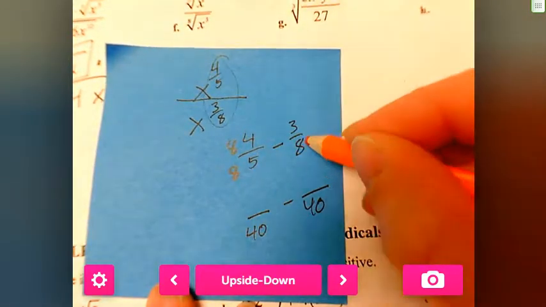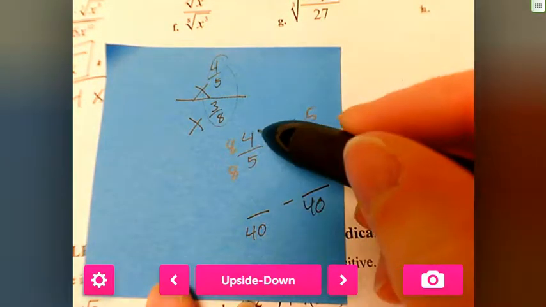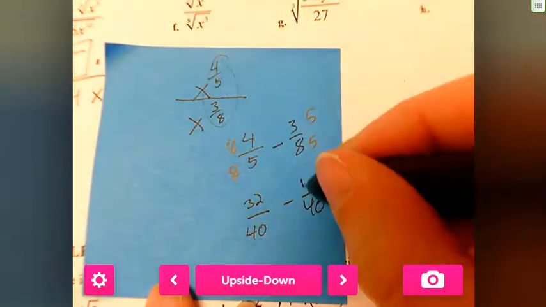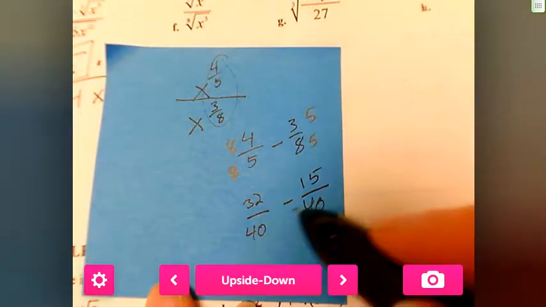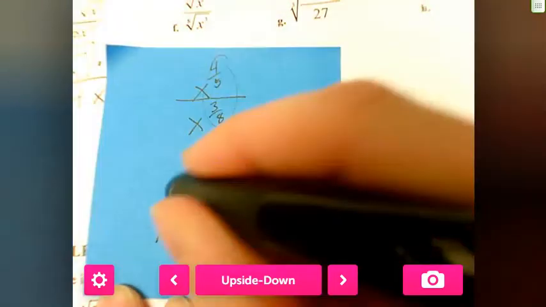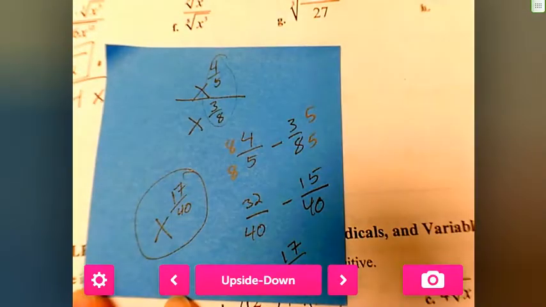This is 8, so I'm going to have to multiply this by 5. 8 times 4 is 32. 5 times 3 is 15. Then 32 minus 15 is 17. So 17/40, remember your final answer has to be x to the 17/40. Done.